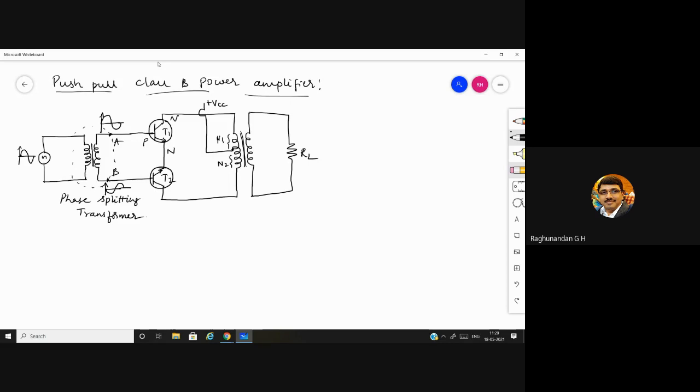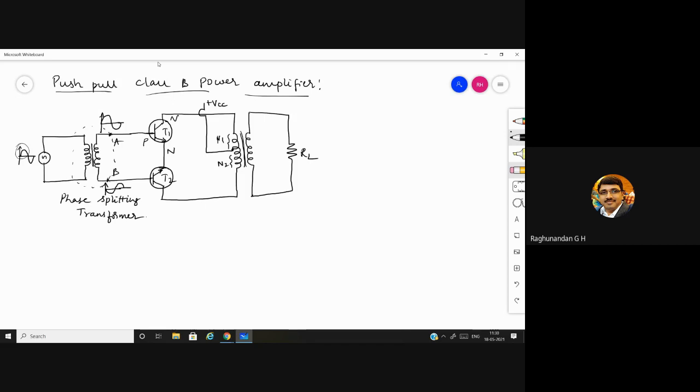For NPN, can you tell me whether in the first half cycle transistor 1 is turning on or transistor 2 is turning on? Transistor 1, sir. Yes, transistor 1 is going to turn on because in the first half cycle it is going to get the positive signal.